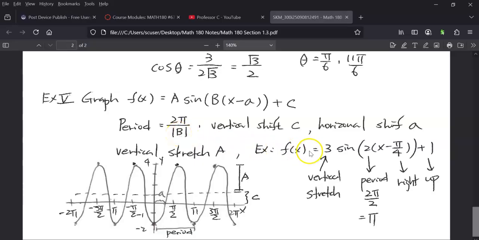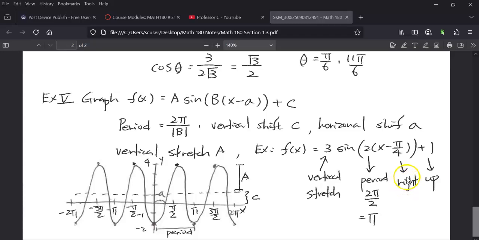Here's an example right here. Example 3: sine of 2 times the quantity x minus pi over 4, plus 1. So we take the original sine function, your basic function again, and go up 1, a vertical shift of 1, and going to the right.